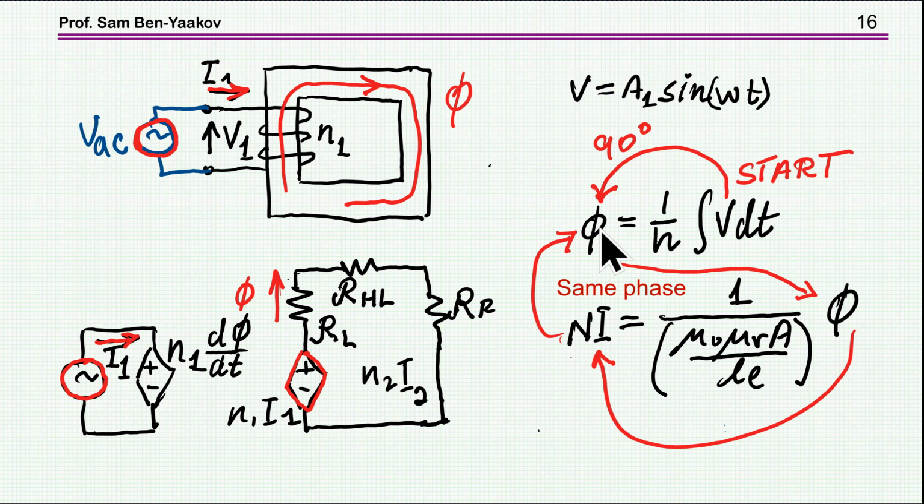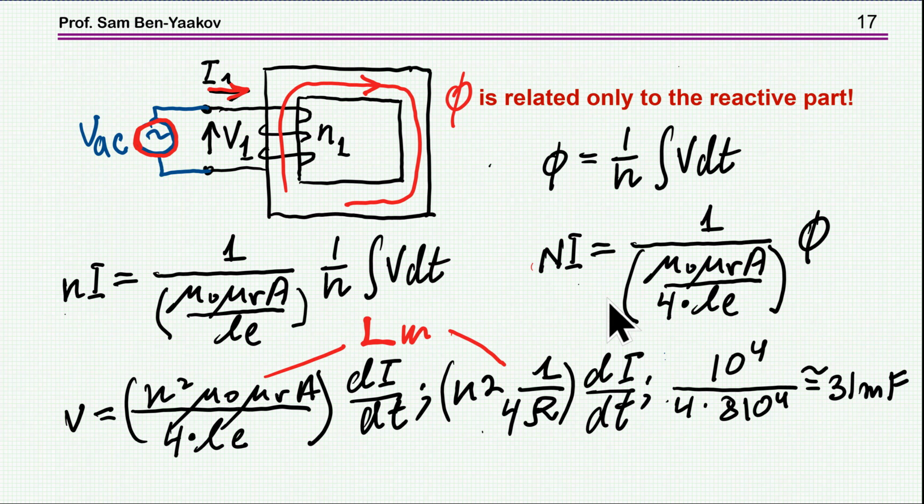So this flux is actually lagging after the voltage, and therefore the current is also lagging after the voltage. Okay, so the MMF and the current at the input are lagging after the voltage. This means that we have here only reactive power. We have a voltage and then we have a current which is 90 degrees shifted, so they are actually orthogonal, you might say, and there is no real power involved in here.